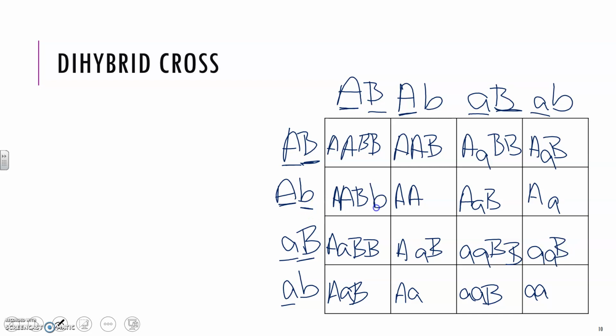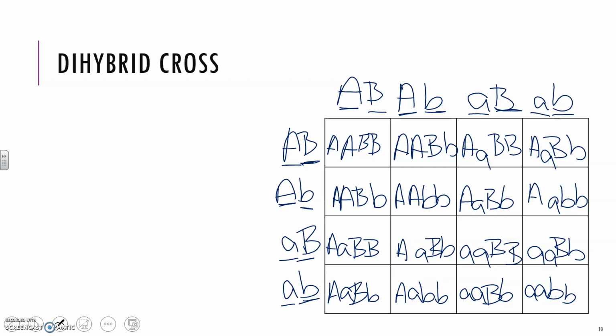Lowercase b here we can take all the way across, and lowercase b here, and now we go down. So we've got the b's here as well. Now we've filled out all of our Punnett square.